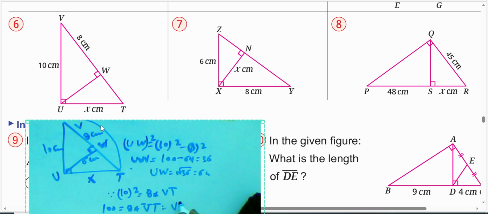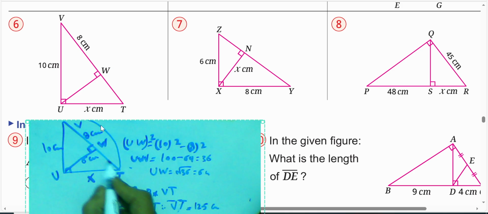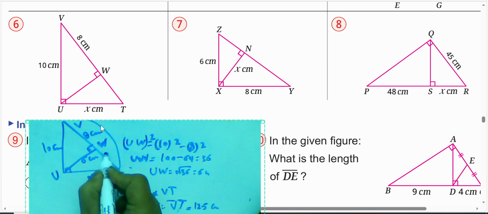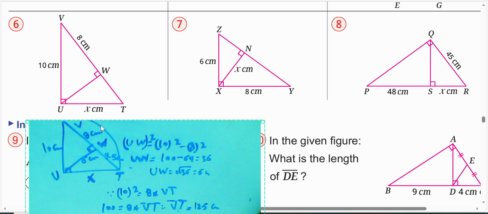Then VT equal 100 divided by 8 equal 12.5 centimeter. Then we can find TW: the length of VT, 12.5, subtract by 8. It will be 4.5 centimeter. This line segment is 4.5 centimeter.